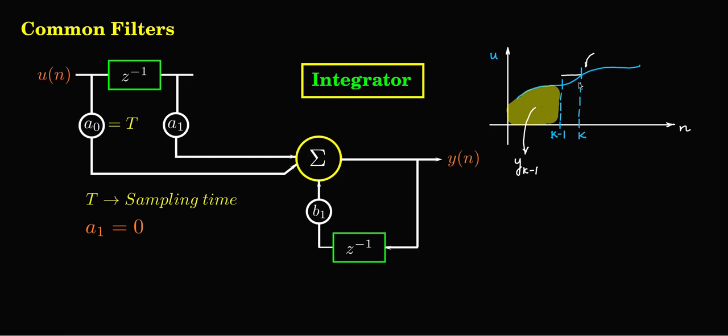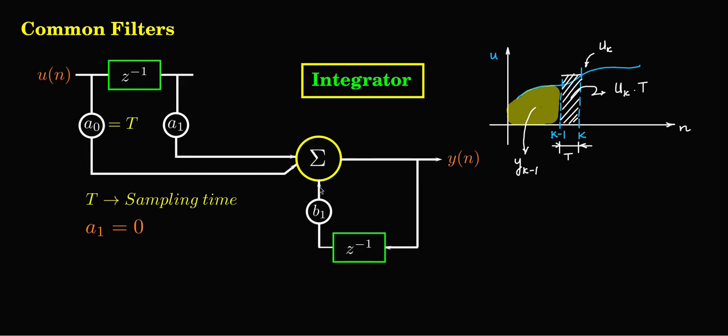I take it back and find the area of this rectangle. So the area of this rectangle, this distance is one sample time distance T, and the area of this rectangle is u k into T. So this u k into T I will add to y k minus 1.